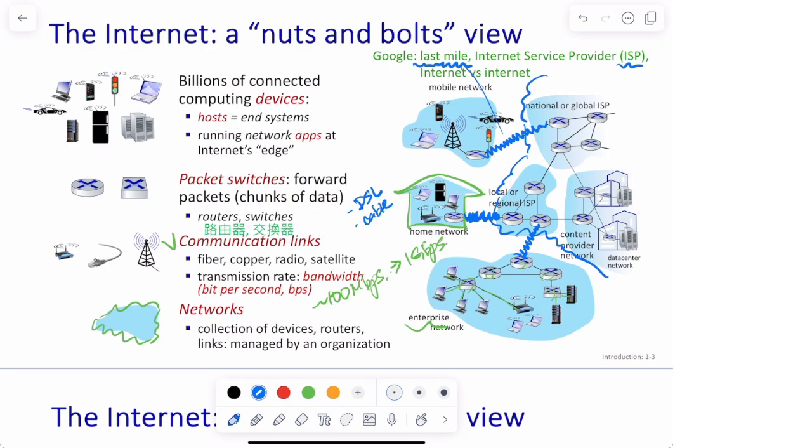In the internet, there are some other devices, right here, called routers and switches. A router is something like this one, and a switch is a square with an X. Those devices are used to connect different devices or networks, and we will talk about the difference between routers and switches in a later chapter.